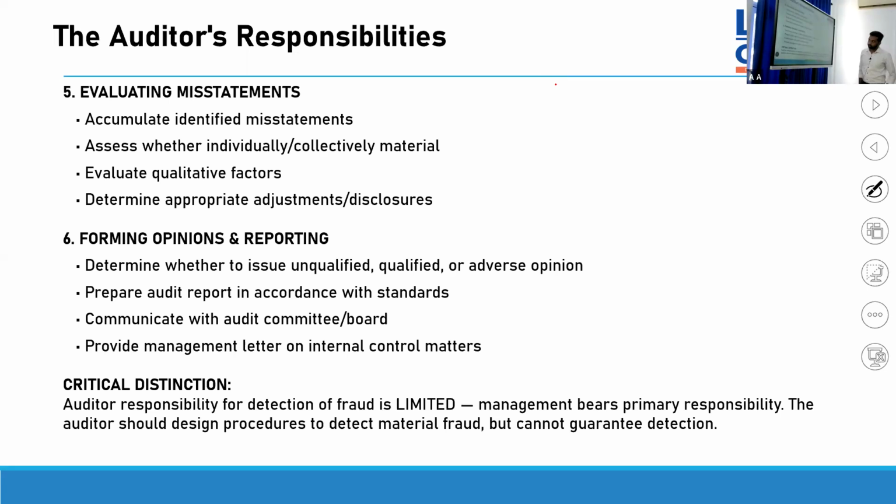Also, it is our responsibility as an auditor to evaluate the qualitative factors, not only the quantitative factors, right? We must always evaluate the qualitative factors also, the risks and the control weaknesses. Those are qualitative, no, we can't measure in quantitative terms.